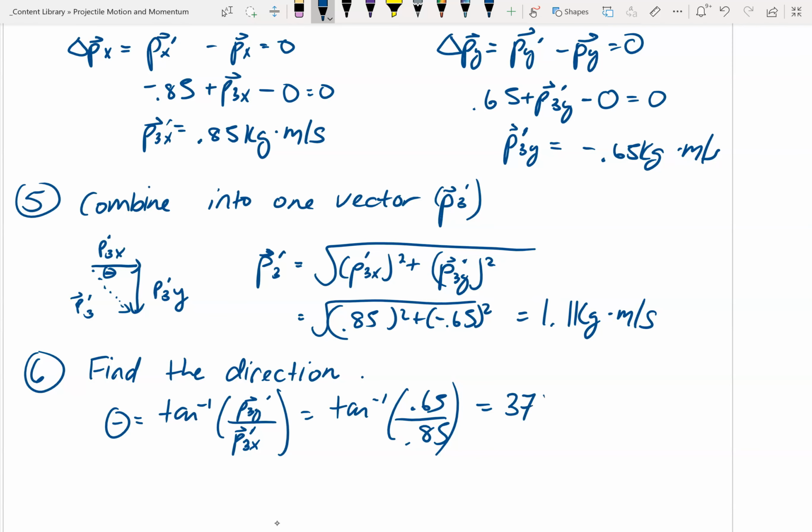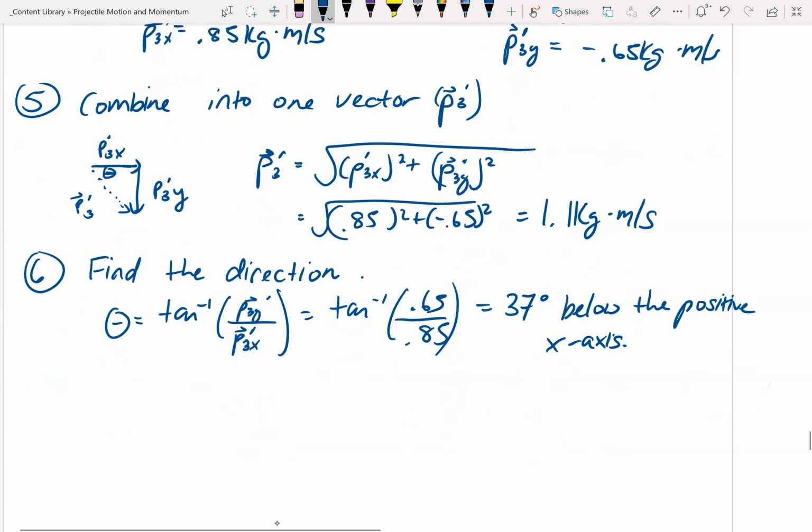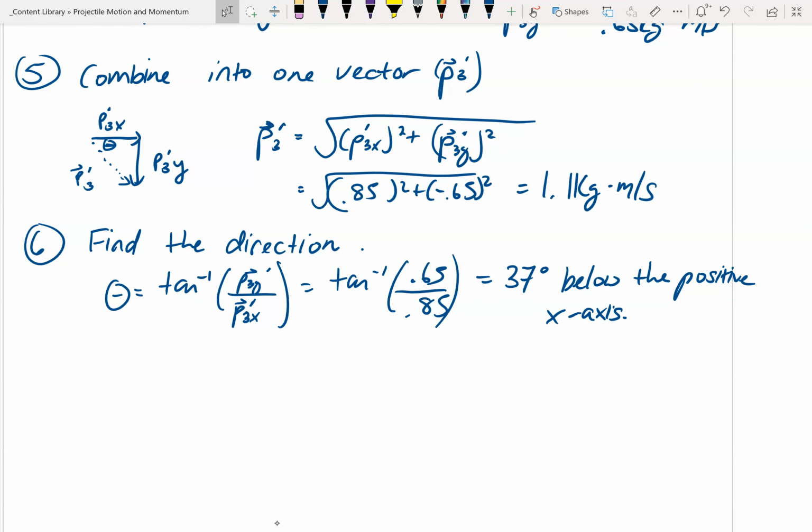And this is 37 degrees. I'm just going to say this is below the positive x-axis. Looking back at the original question, we didn't need P3 prime as our final answer. We needed the velocity of it. So that's what we're going to find as our final step.